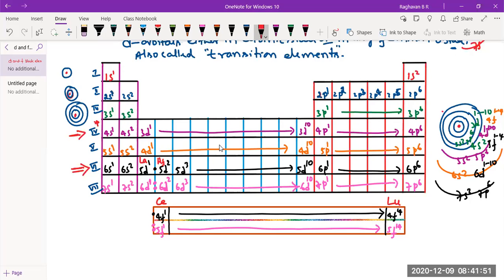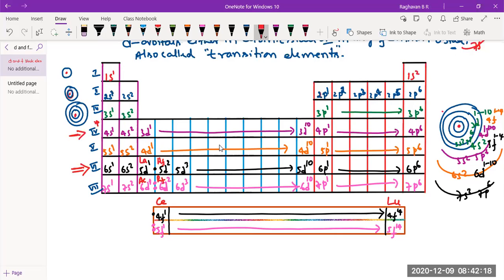Penultimate. Likewise, when it comes to here, 6d1 is actinium, Ac. After actinium, the element which is present is rutherfordium. After actinium, rutherfordium, it looks as if there is continuous atomic number, but it is not so.